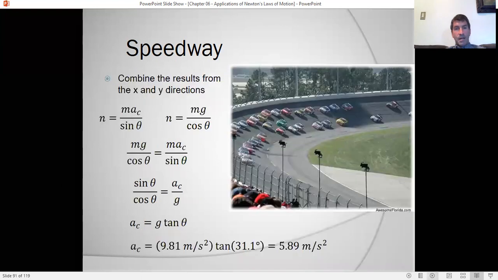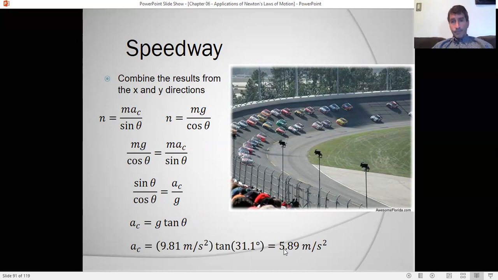And if I plug in all my different values for the normal force, I can actually see what the centripetal acceleration is. Here's my equation from the x direction. Here's my equation from the y direction. I set these two equal to one another. That gives me the centripetal acceleration. Notice I had sine over cosine. Sine over cosine's tangent, so I can just say a_c is equal to g tangent theta.